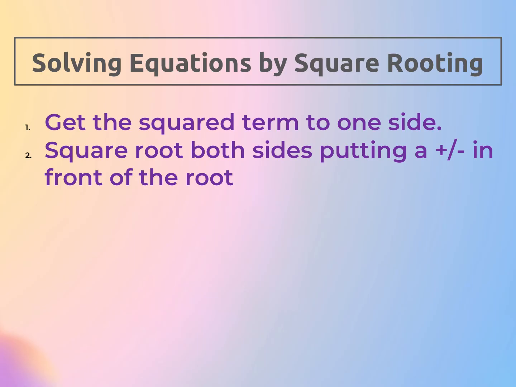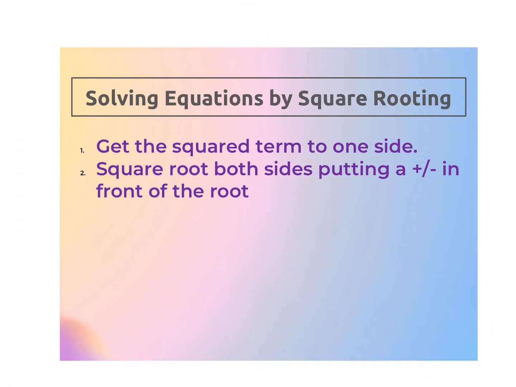So let's go over what the square root method is. When solving equations by square rooting, again, we want this time to get the square term on one side. And then once we square root, we're going to put a plus minus sign in front of the root.